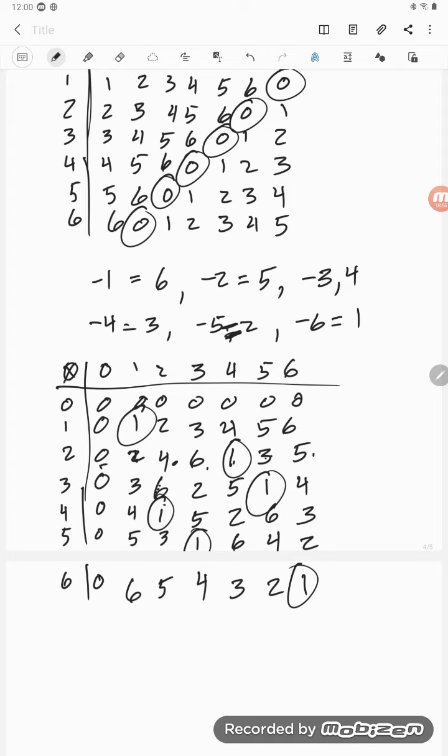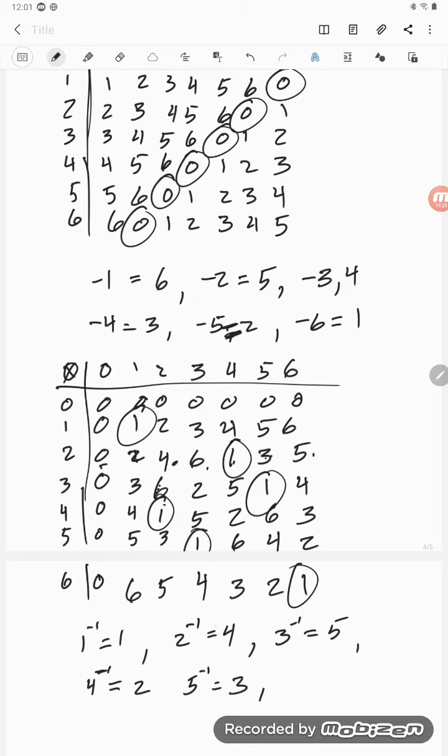And so 1 inverse is 1. 2 inverse is equal to 4. 3 inverse is equal to 5. So 4 inverse is equal to 2. And 5 inverse is equal to 3.